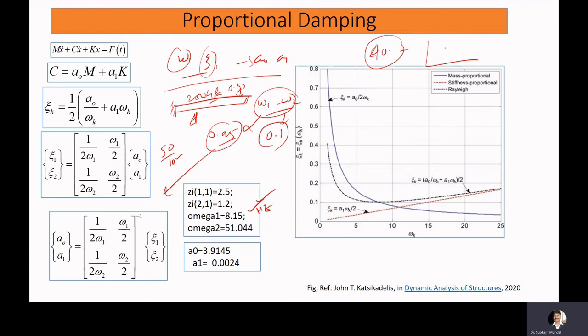That was in the other plane, so we did not consider that mode. The third mode was coming at 51.04 Hertz. I considered that as the second mode and put the value here and solved it. I'll show you how I solve it in MATLAB.